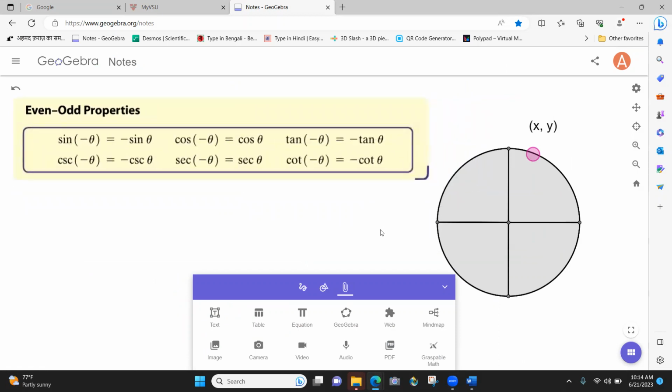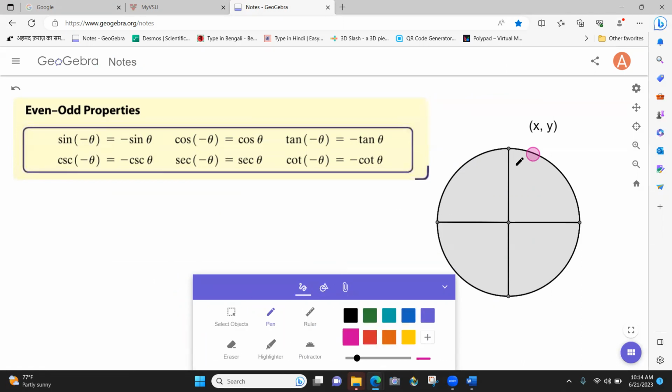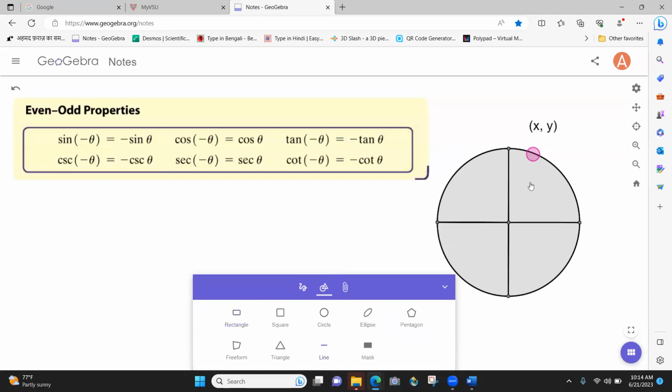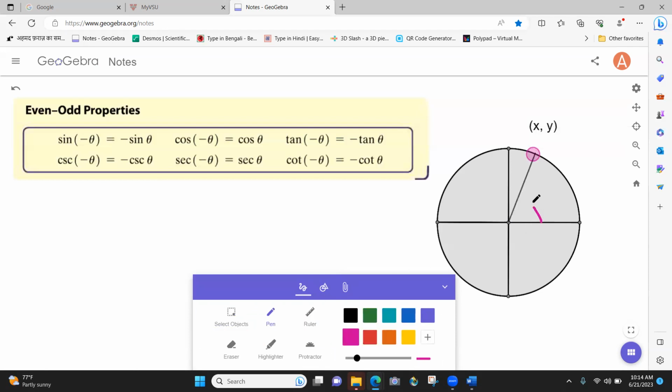When you draw the curves, it'll make a little more sense. But as of now, just remember, when you have sine negative theta, what does that mean? So you have a point here. And let's say this angle is theta.